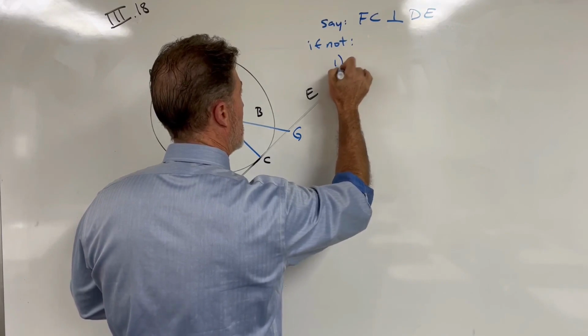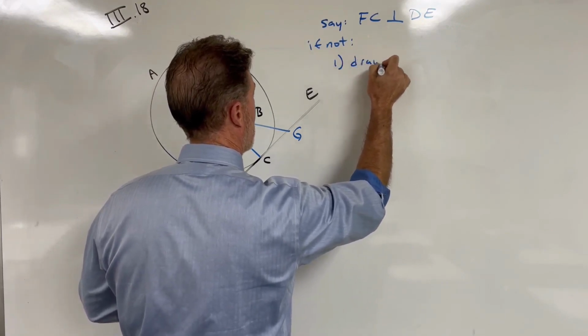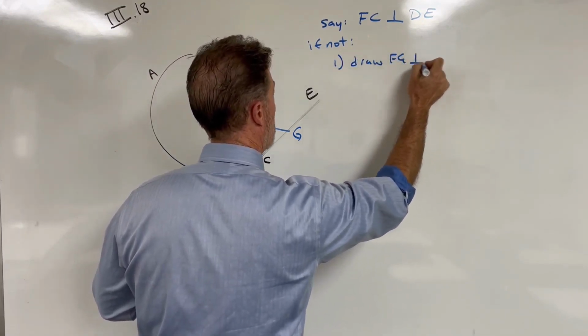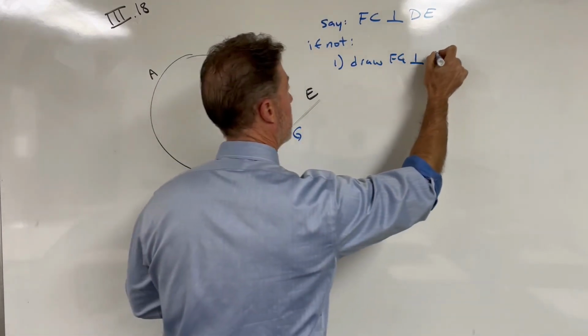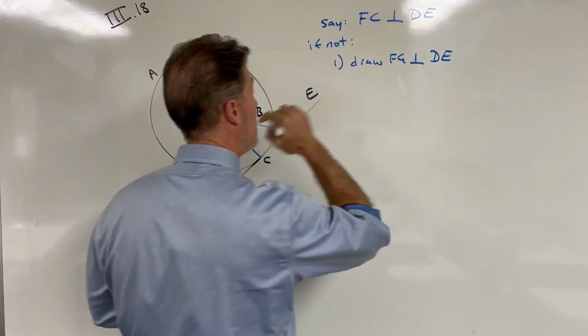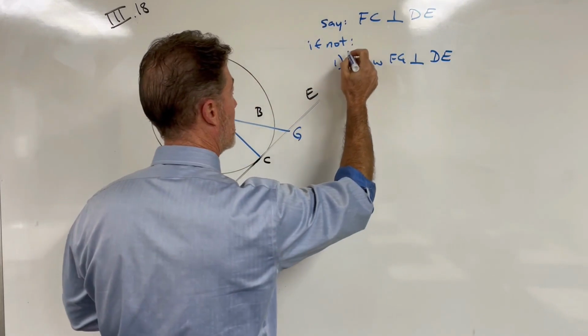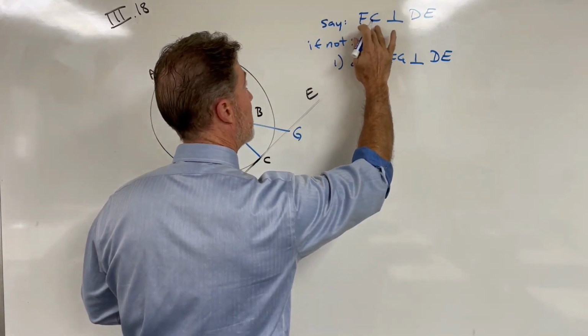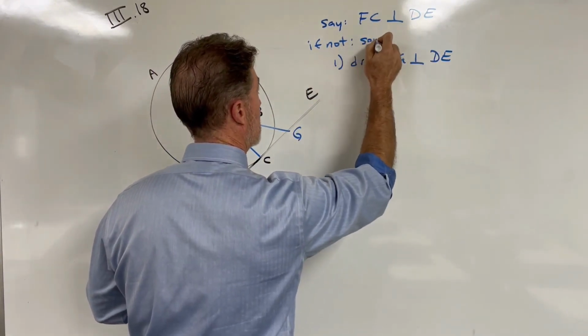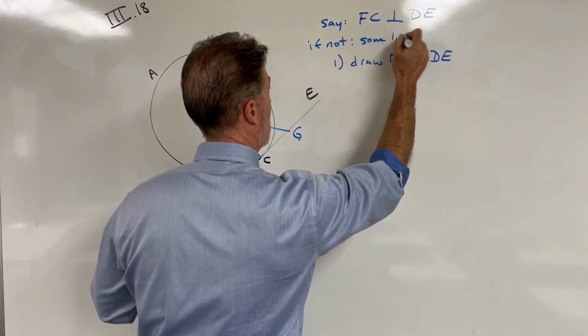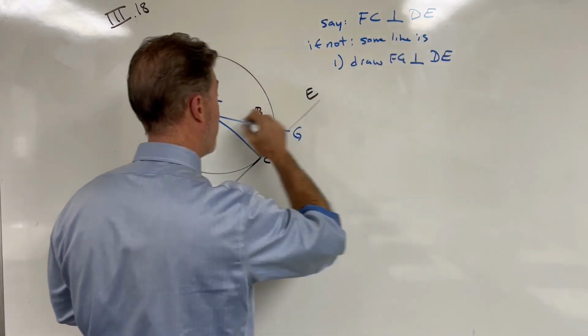So the first thing we're going to do is draw FG perpendicular to DE, and we're going to see how that leads to a contradiction. So basically we're saying if this isn't perpendicular, some other line is. And so let's draw FG as that line.